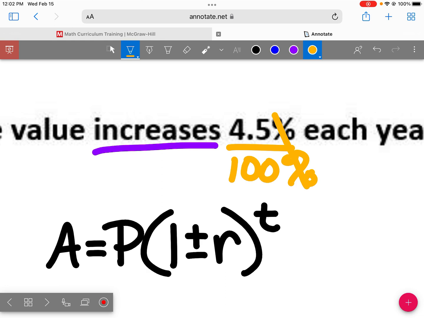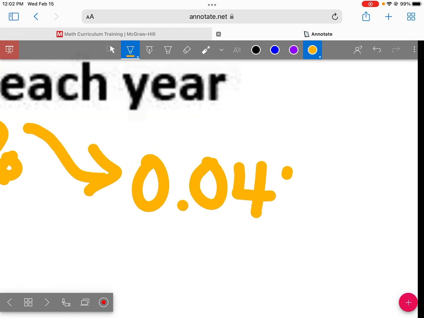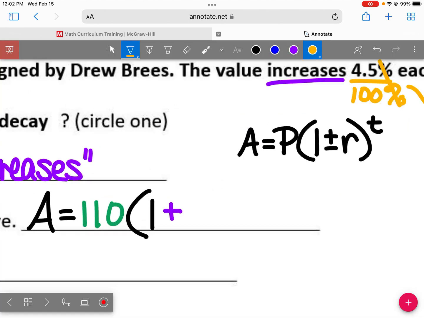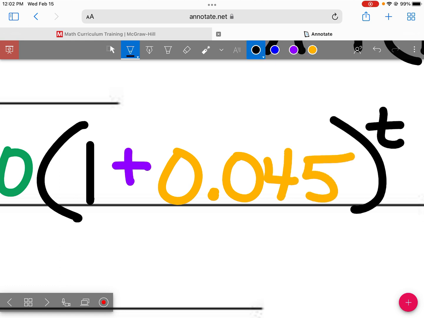Yes. 0.045 is our rate. Close the parentheses, and it's to the power of t. Why did we not put 3 in there? It's a function rule. T has to stay in the function rule.